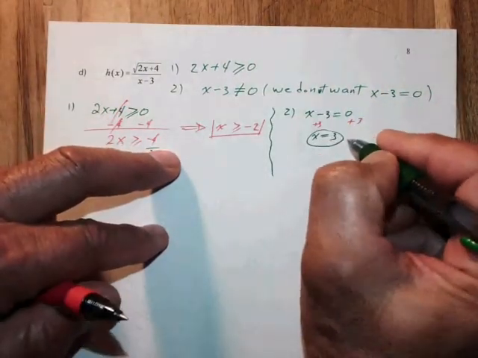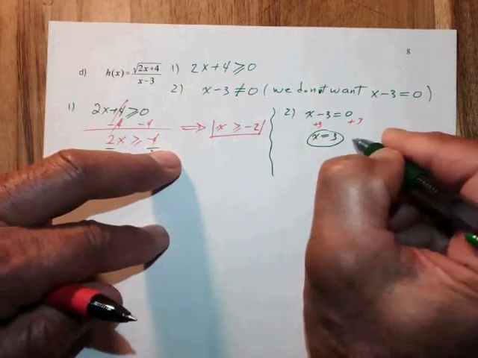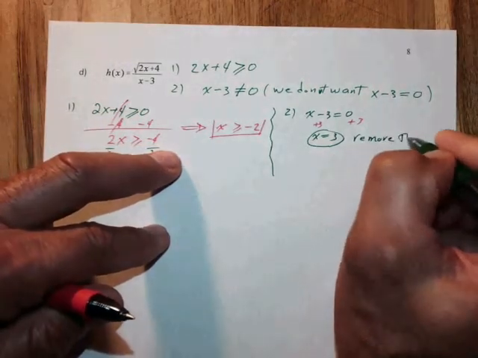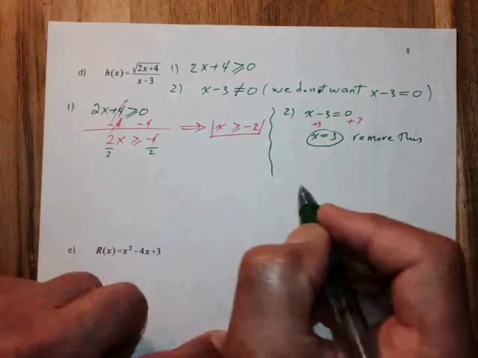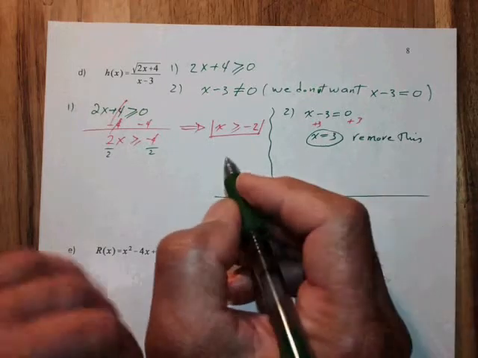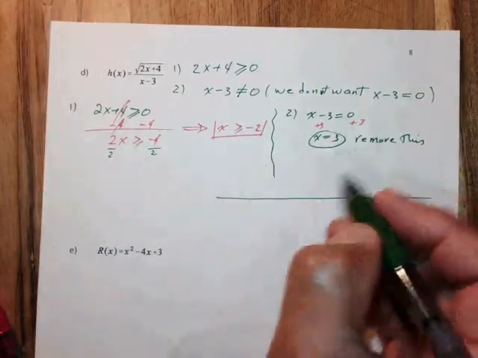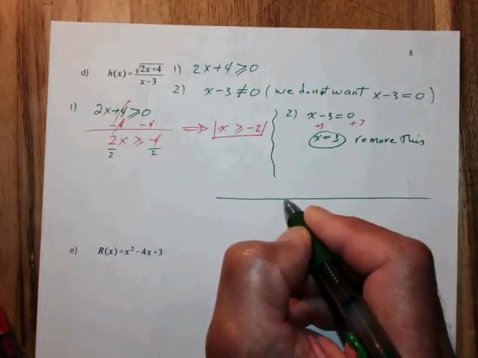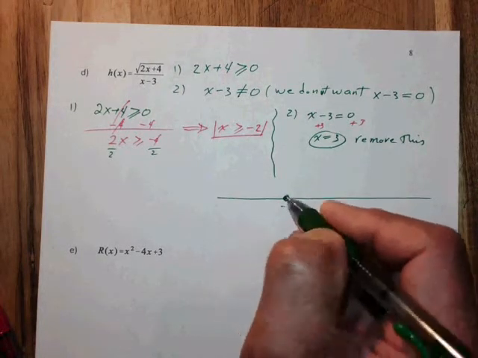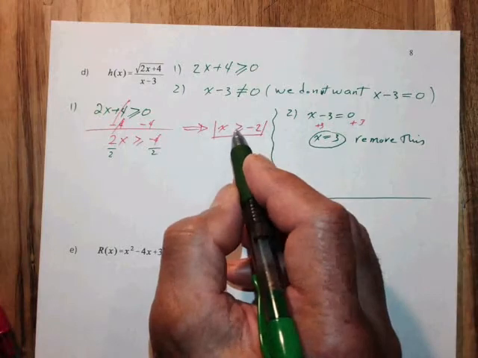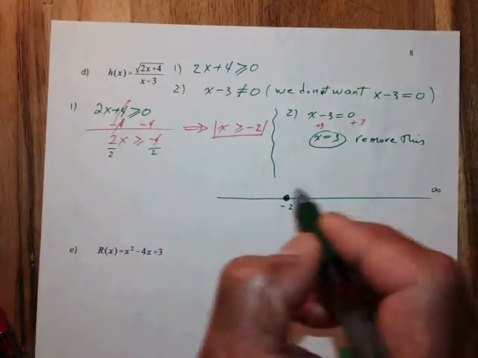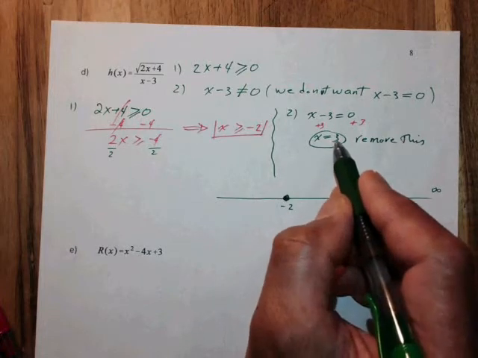So remove this. Then how does it look like? So let's see. First of all, I want everything from negative 2 to infinity. So if I do a solid point here for negative 2, I want everything from negative 2 all the way to infinity. So as I go, I'm going to encounter 3.